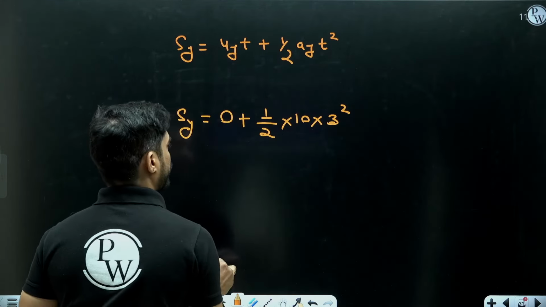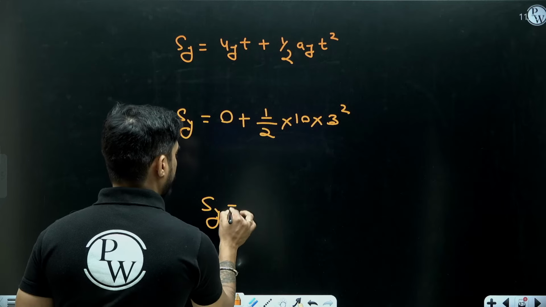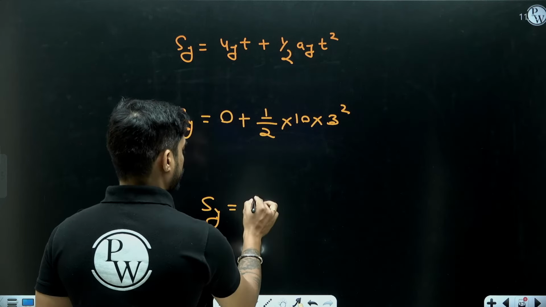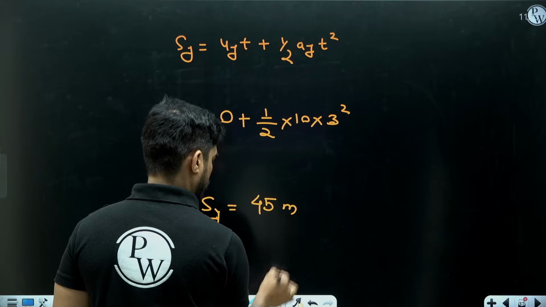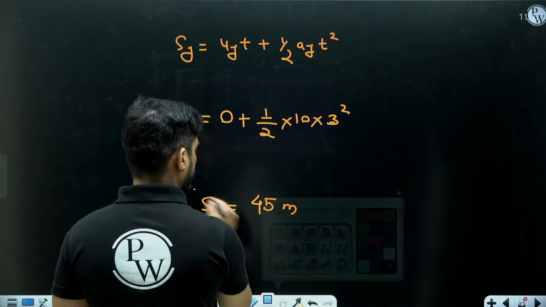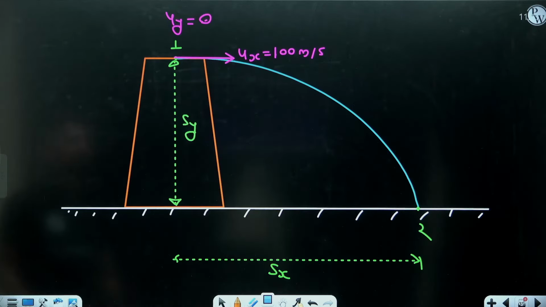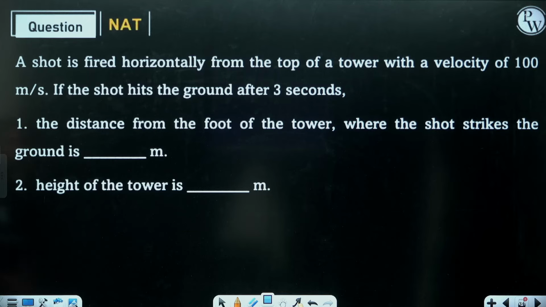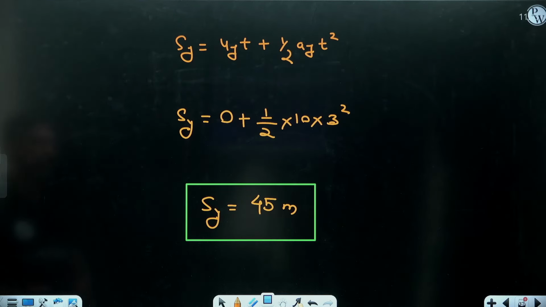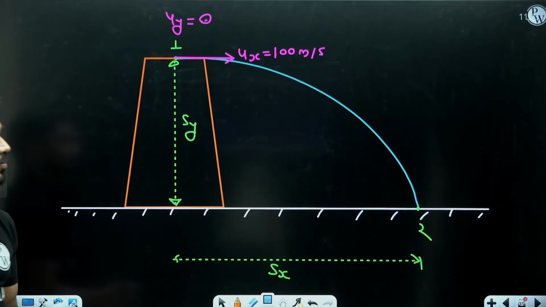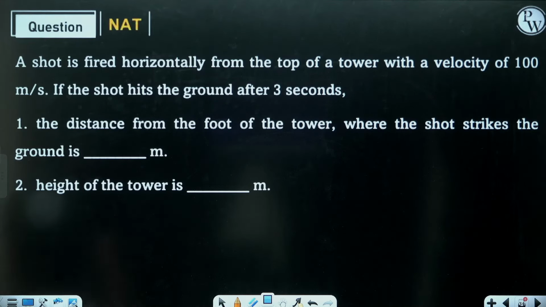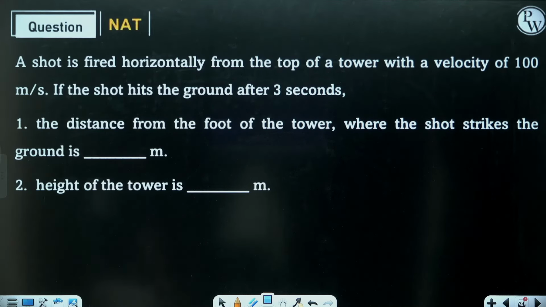So it will become 5 into 9, 45 meter. So this is the height of the tower, 45 meters. So this was a very simple question, right?